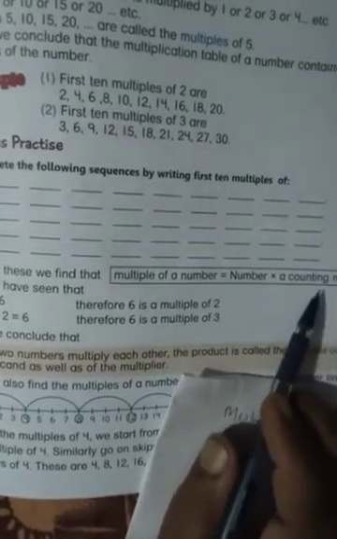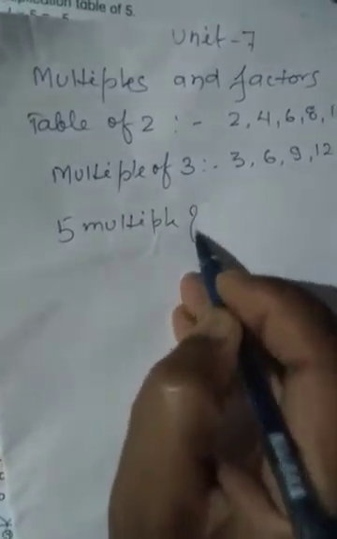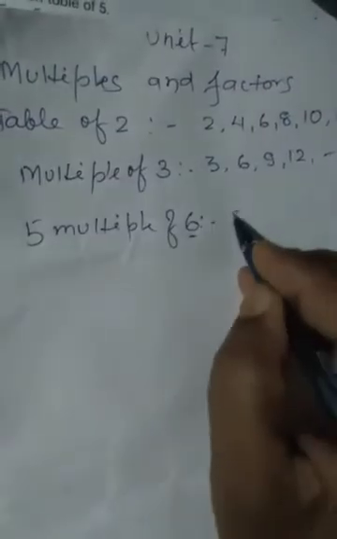Now see, if we have to write multiples of 6, that means we have to move from the table of 6. How can we write 5 multiples of 6? That means we have to write the table of 6 up to how many times? 5 times. 6 1 are 6, 6 2 are 12, 6 3 are 18, 6 4 are 24, 6 5 are 30.